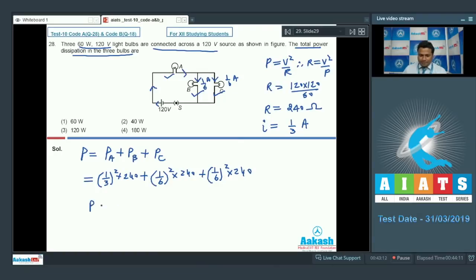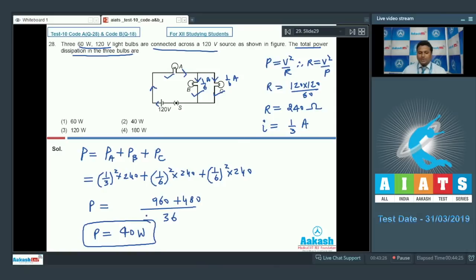Solving it, taking LCM as 36, we get 960 plus 480, which will be 40 watt finally. So this is our final answer, and we can say that option number 2 is absolutely correct. So we'll go with option number 2 only.